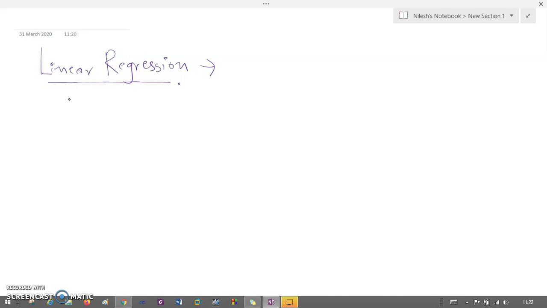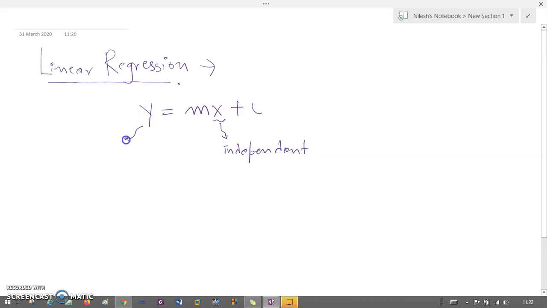It is a linear model, and it has a linear relationship between your dependent variable and independent variable. So if I have an equation y = mx + c, then in this equation x is the independent variable, and y is the dependent variable.